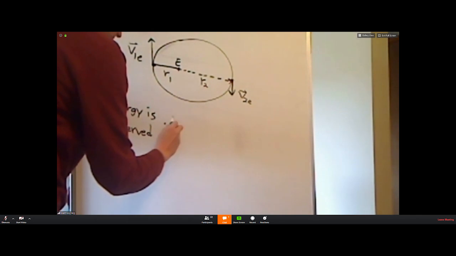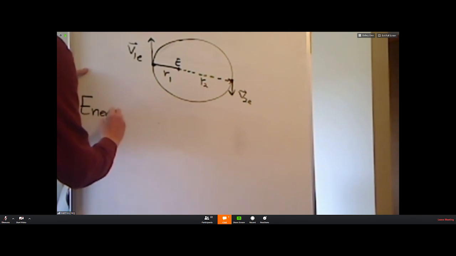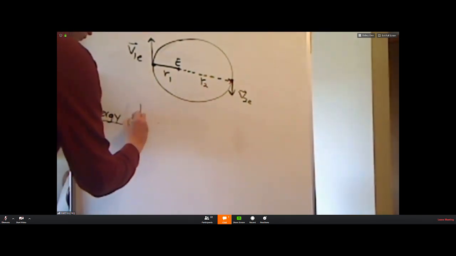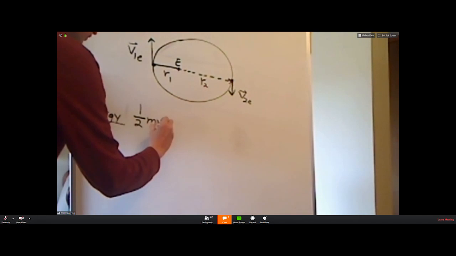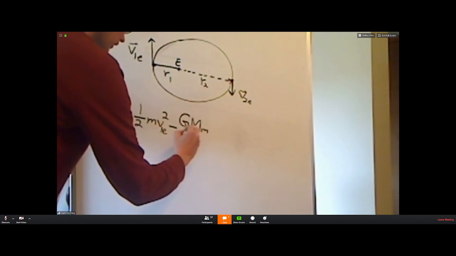So here's my equation. I think I have enough room. I'm going to give myself a little more room. So energy is conserved. I'm just going to write energy. 1/2 m V1E squared minus capital G, capital M, little m, R1.